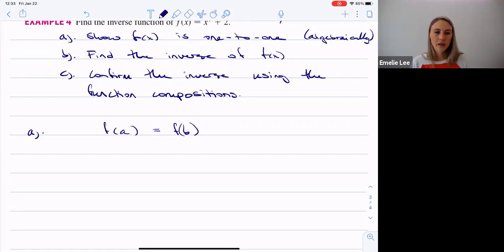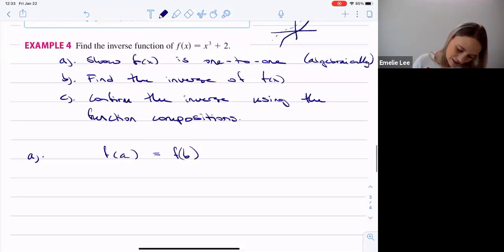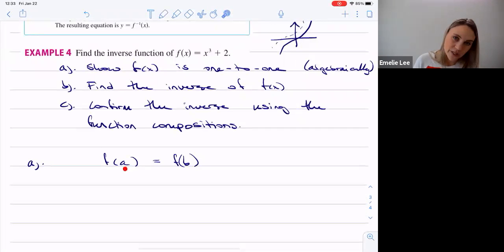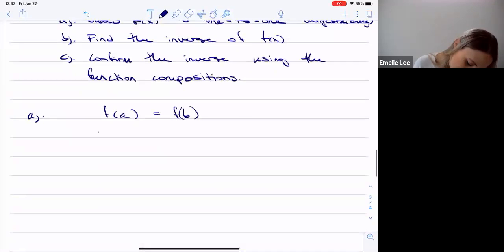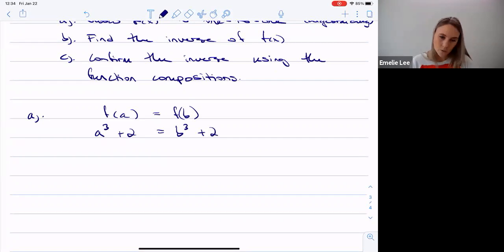Which means I'm using A as an input and B as an input. I know it looks silly, but sometimes it actually doesn't work out. So A to the power of 3 plus 2, if it's equal to B to the power of 3 plus 2, does A equal B?